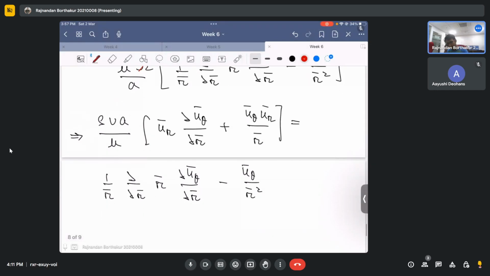As you can see, this is nothing but the Reynolds number, as we rightly pointed out.